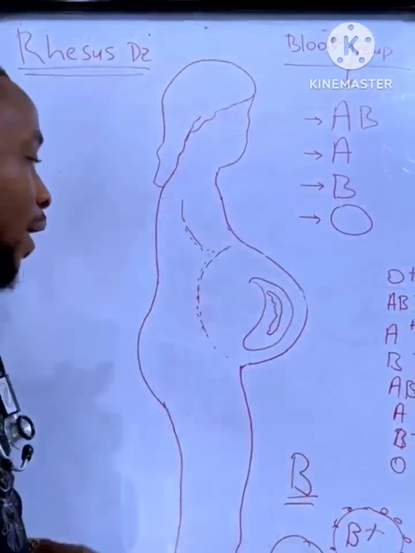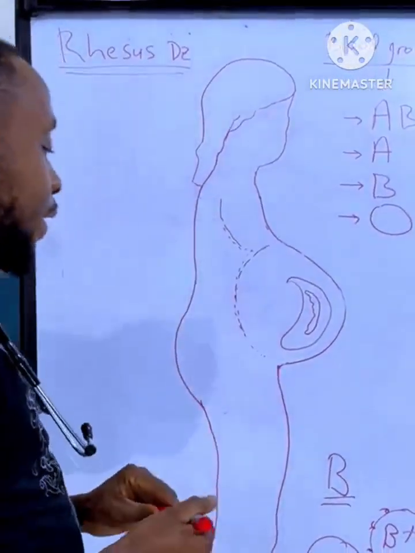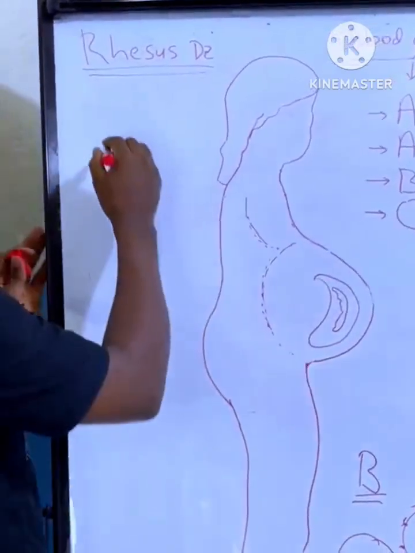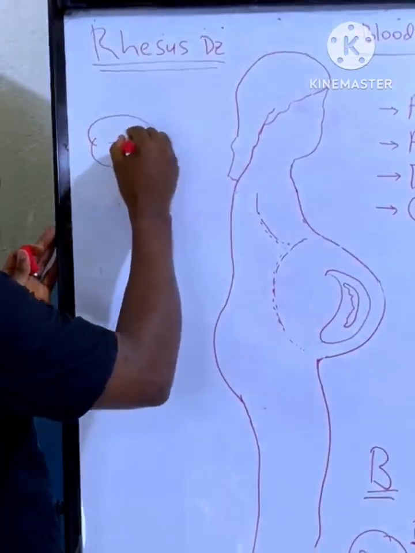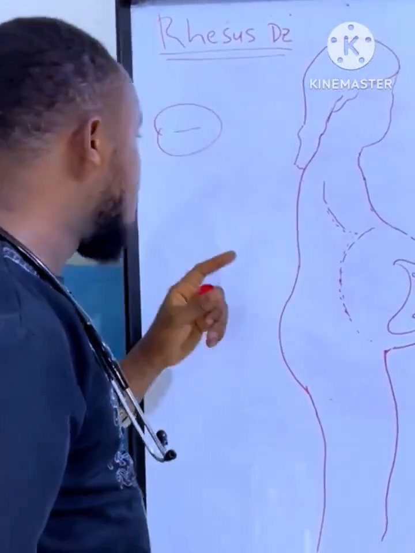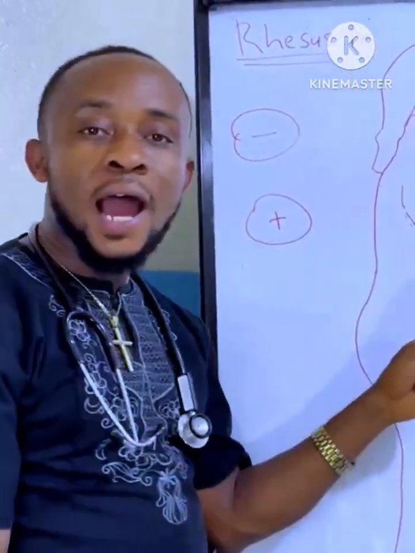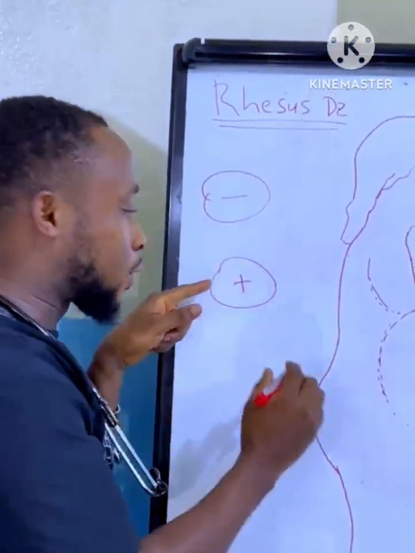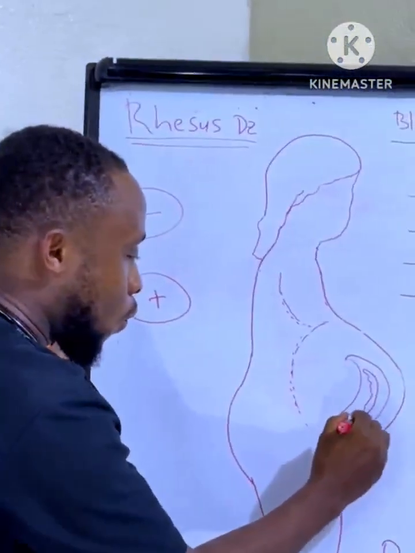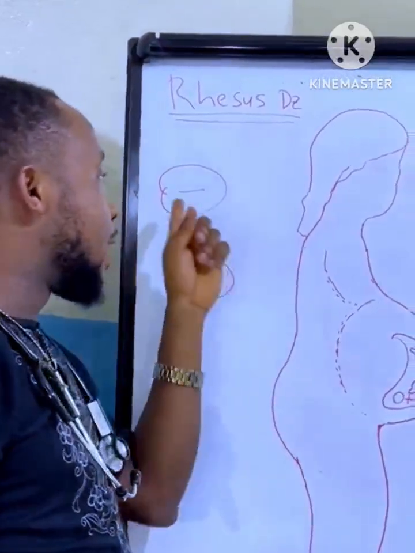So now we're going to understand a woman who is pregnant and has O negative blood, while the male who got her pregnant has O positive. So the child is carrying the father's blood, O positive, while the woman is negative.